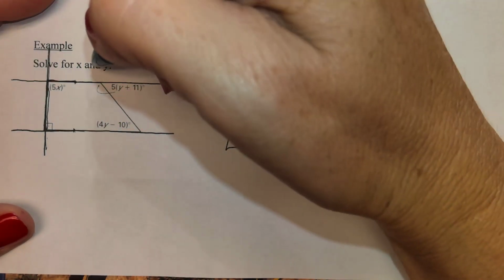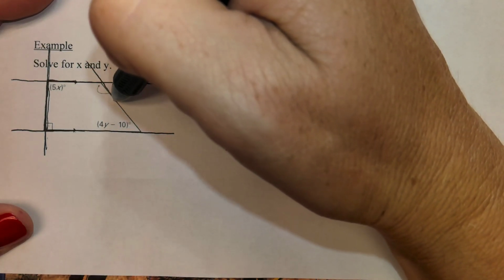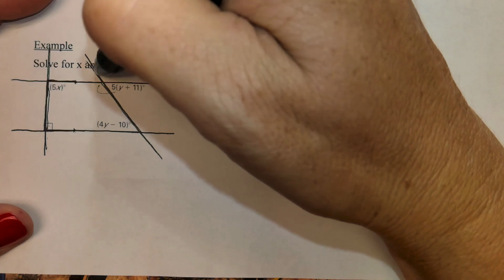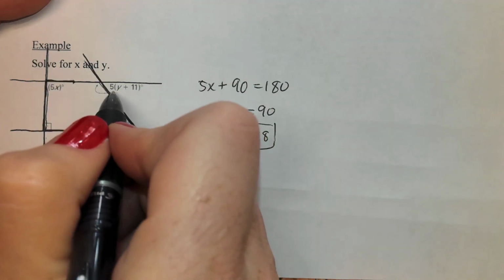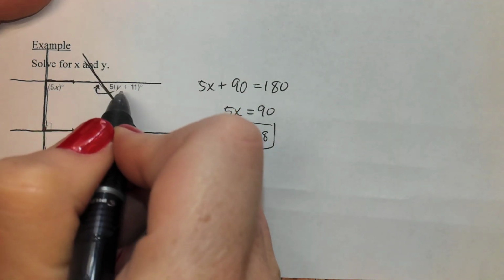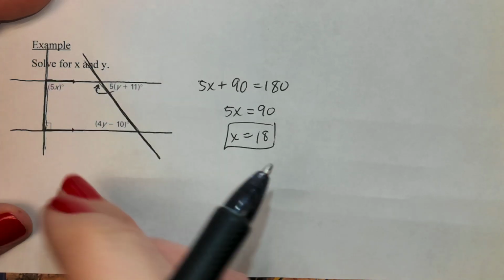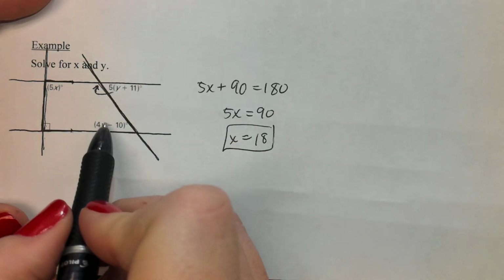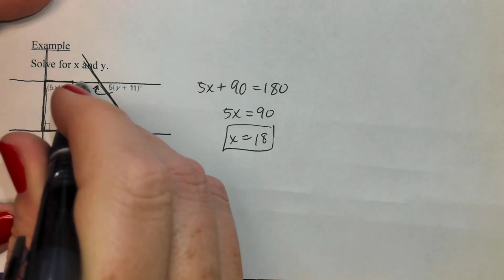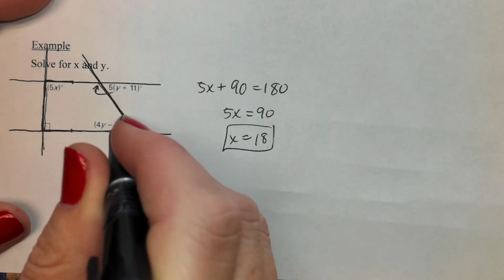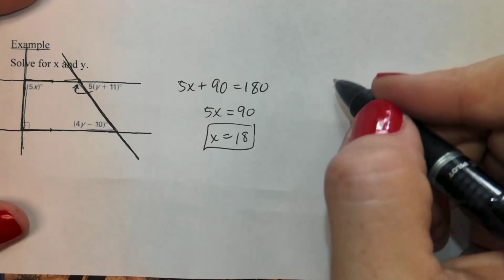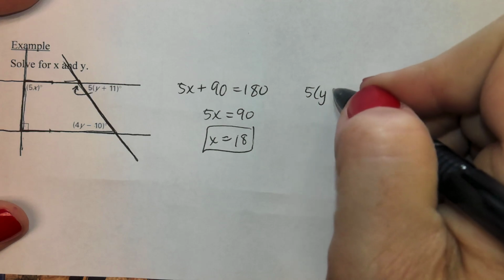Then I'm going to draw this other transversal, so kind of coming down like this. And this is arrowed in here so that this whole thing belongs right there. So don't think it's right there. So these two are also co-interior. They kind of make that weird C looking shape, which means that I'm going to be able to add those and equal 180 as well.